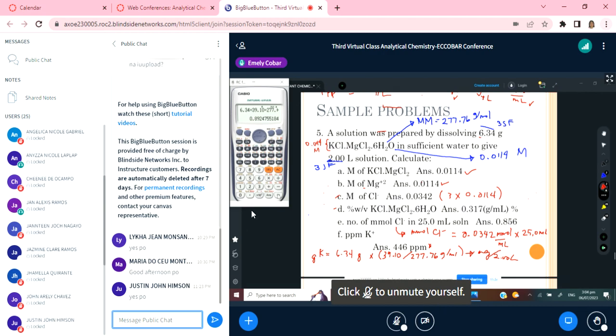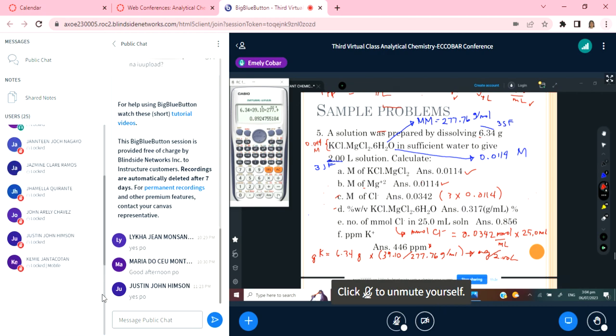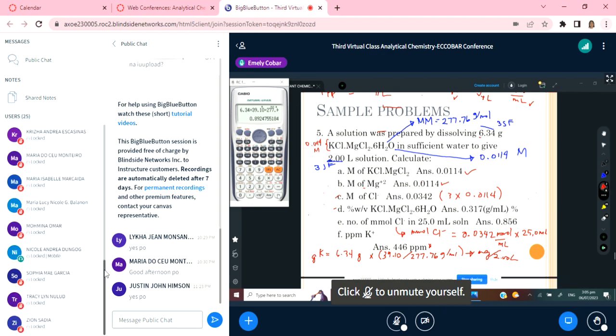Grams. Ang tinatanong ppm, di ba? So pag ppm, dapat milligrams. So convert natin to milligrams itong grams. How do we convert it to milligrams? We multiply by 1,000. 892.4 something.